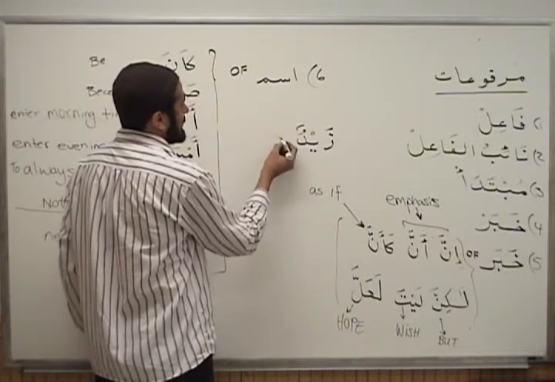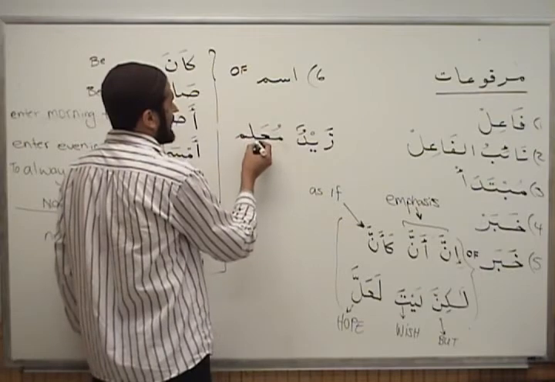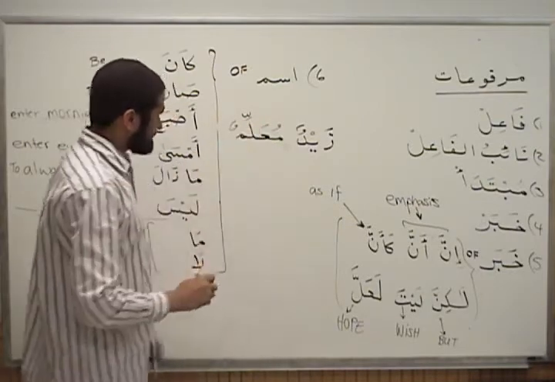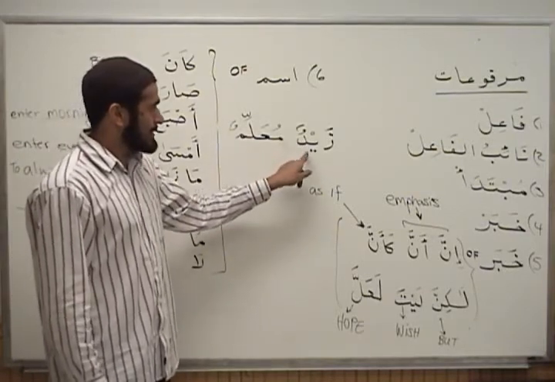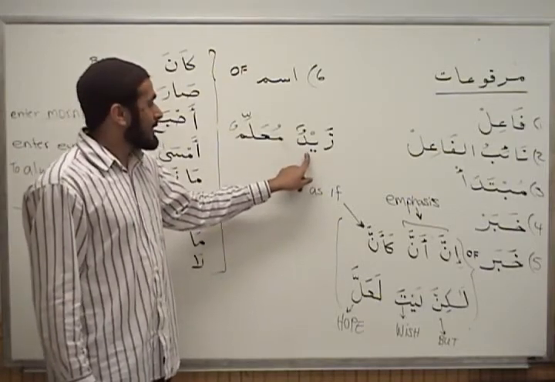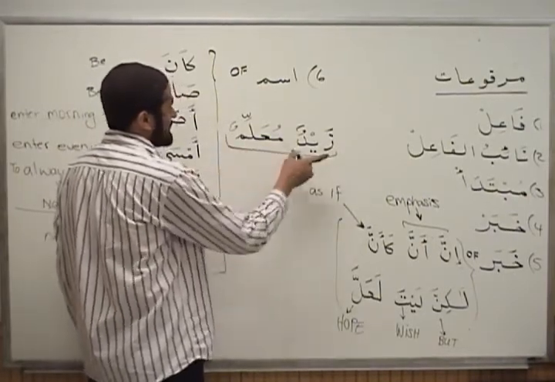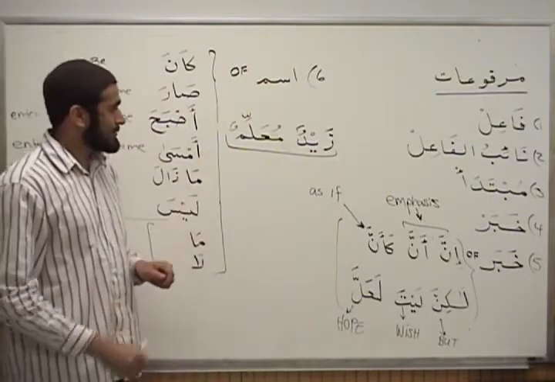For example, Zaydun mu'allimun. Zayd is a teacher. So in this example, this is a jumla ismiya because it begins with an ism. Now this kind of jumla has two parts: the ism with which it begins and the rest of it.